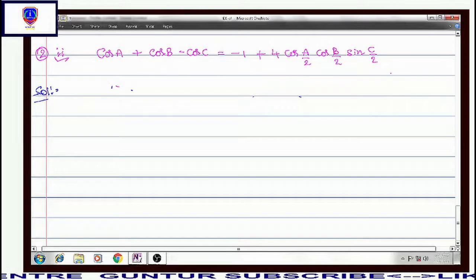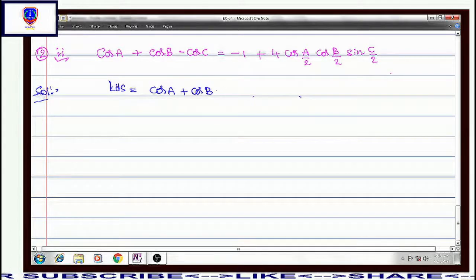Now take LHS, which says cos A plus cos B minus cos C. Take a look at the first two terms.